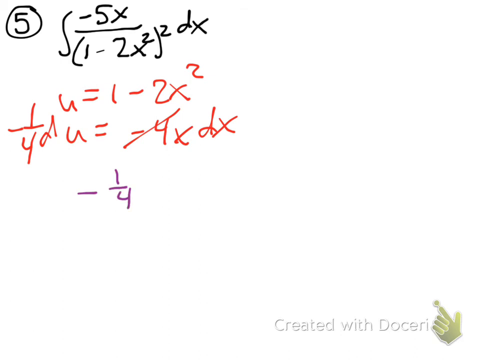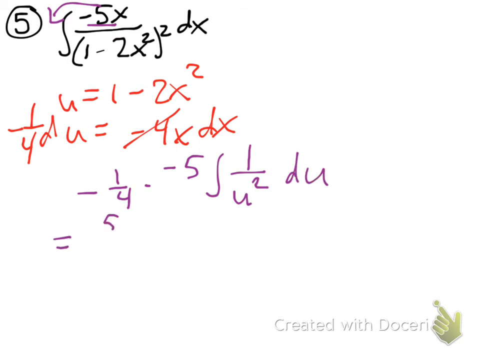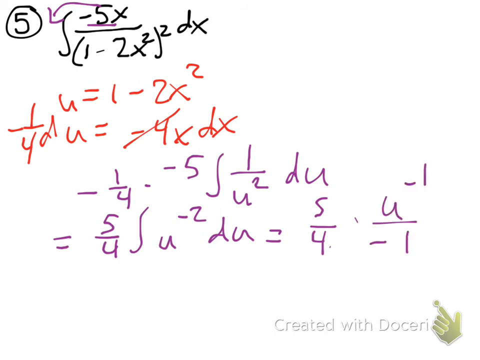And because of my integration rules, I can pull this negative 5 to the outside of my integral. So this will be times negative 5 times the integral of 1 over u squared du. Well, of course, that's going to be 5/4 times the integral of u to the negative 2 power du, which is going to be 5 over 4 times u to the negative 1 power over negative 1.